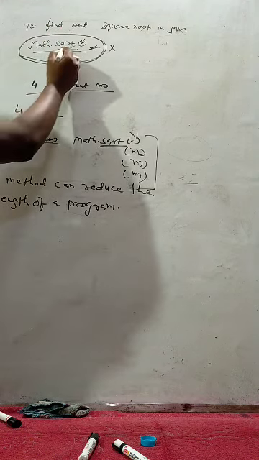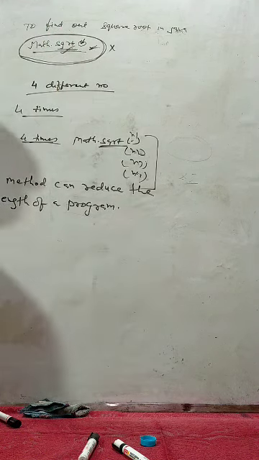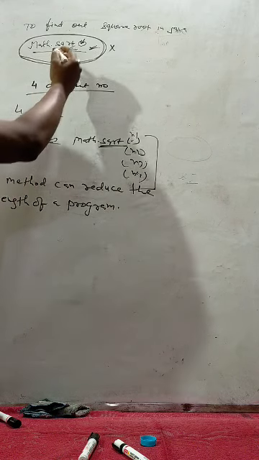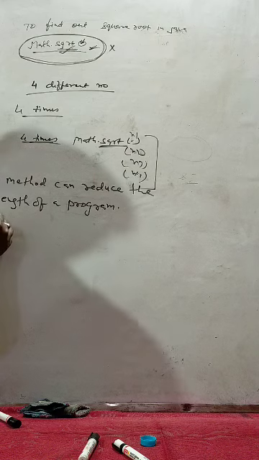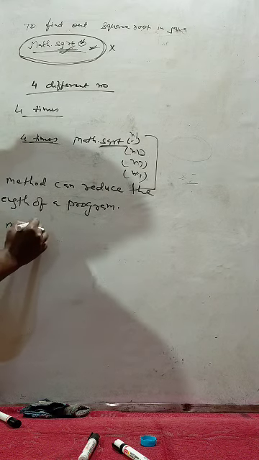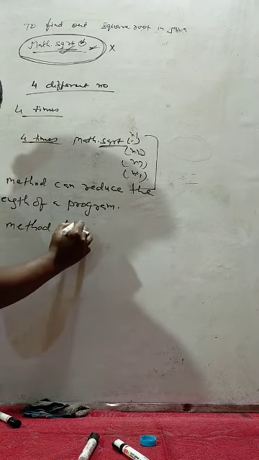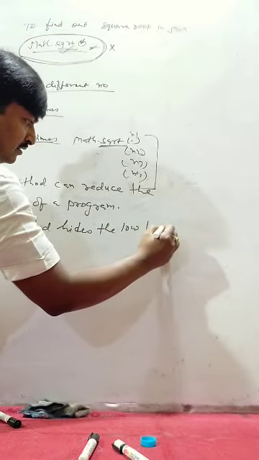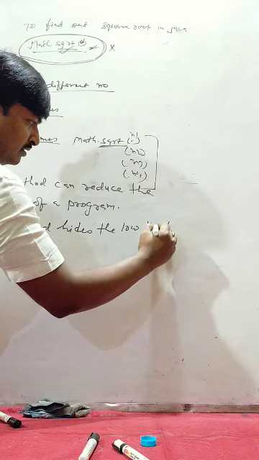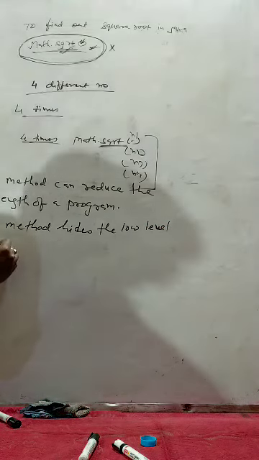What type of program is written inside this function, we don't have any idea. That means a method hides the low level program code.